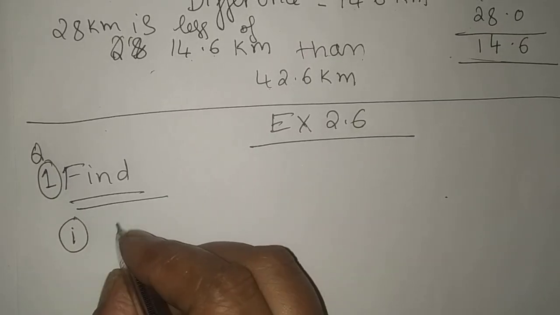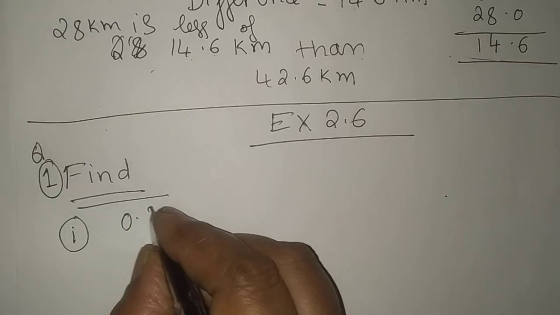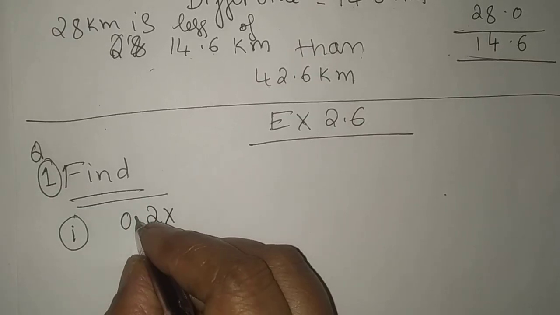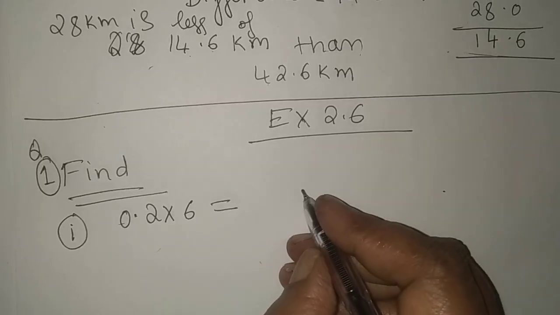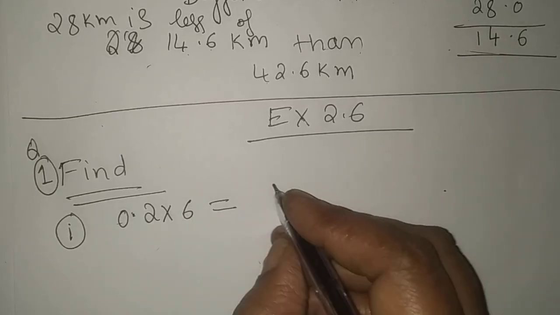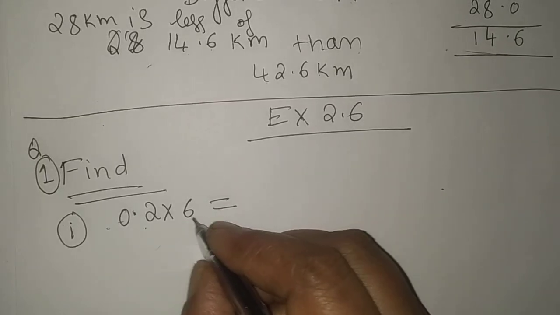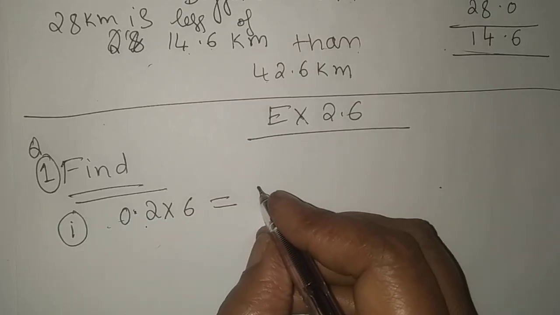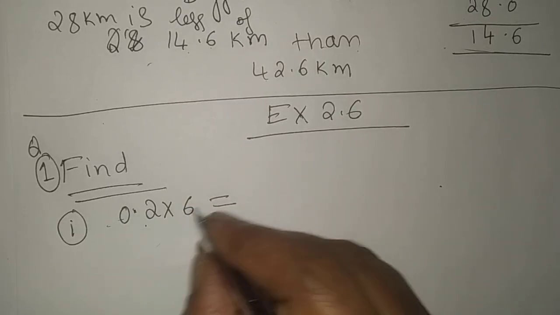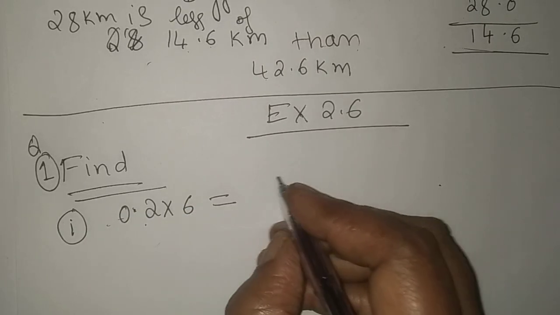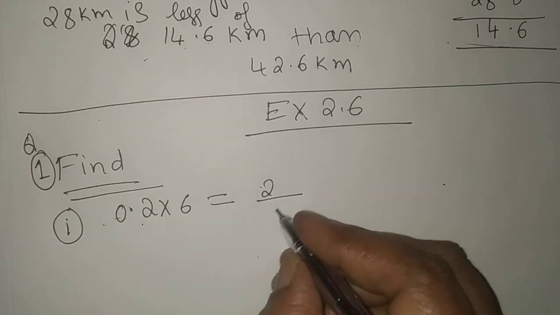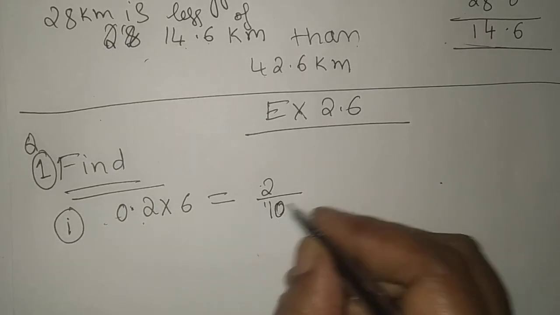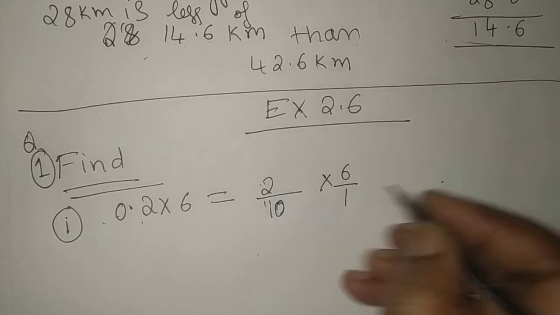This first sub-problem is 0.2 into 6, multiply these two. For that we have to convert the decimal into a fraction. The decimal and integer multiplication is given. So how to convert? We can write 0.2 as 2 by 10 into 6 by 1.